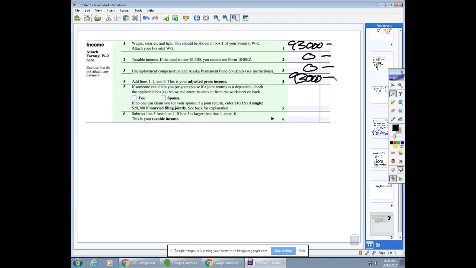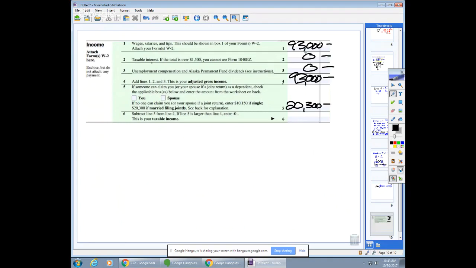If you can claim you or your spouse, enter 10,150 if you're filing single, or enter 20,300 if you're married filing jointly. So they are married filing jointly, and no one's claiming them as dependents. So we put $20,300 here.